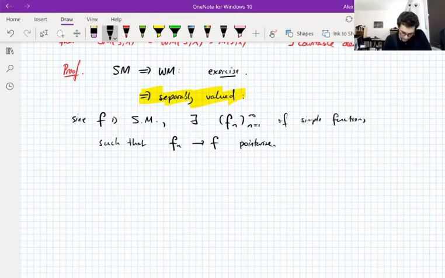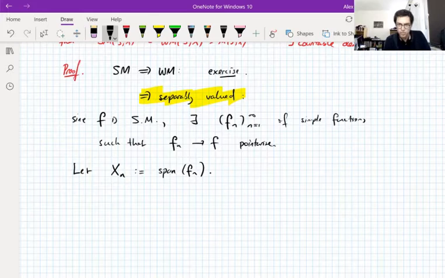Okay, so let's let xn be the span of fn. We're going to construct a separable subspace out of these spans of the simple approximation functions. So xn is the span of fn.